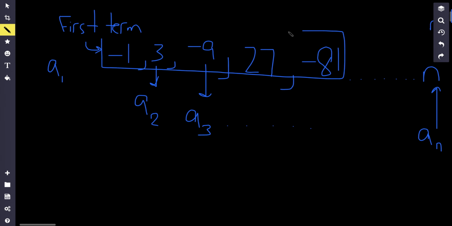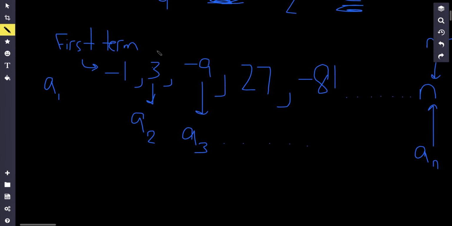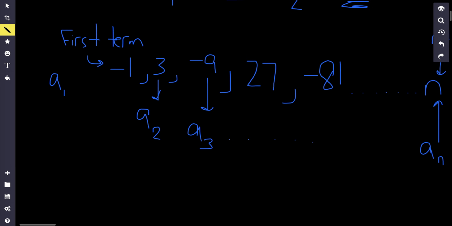At this point, it might not seem clear to you that this is a geometric sequence. Well, what you have to realize is that in a geometric sequence, your common ratio, the number that you multiply by to get to the next term, can also be negative. In this case, if I multiply -1 by -3, I get 3.